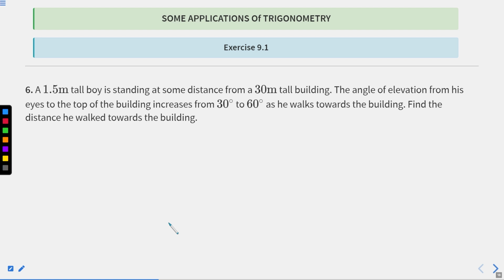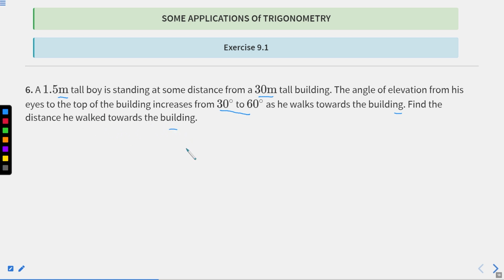So in the next question, here we have a 1.5 meter tall boy standing at some distance from a 30 meter tall building. Okay, and the angle of elevation from his eyes to the top of the building increases from 30 degrees to 60 degrees as he walks towards the building, and we have to find the distance he walked towards the building.